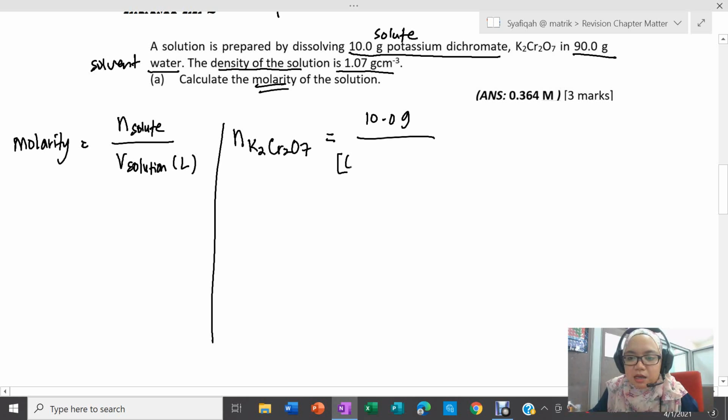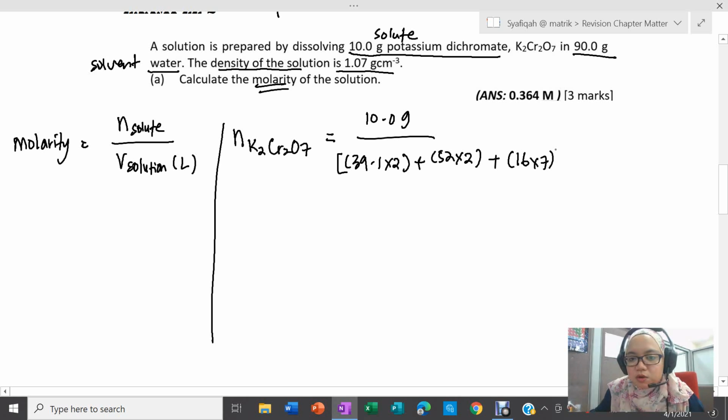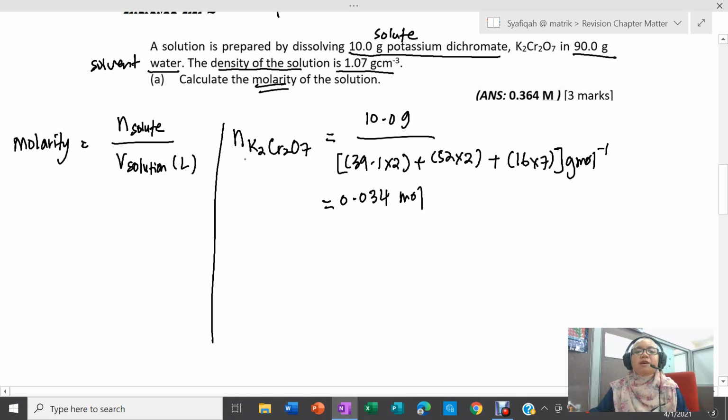Okay, K 39.1 kali 2, krom 52 kali 2, oksigen 16 kali 7. Okay, so ni adalah unit gram per mole. So, you akan dapat the number of mole is 0.034 mole.